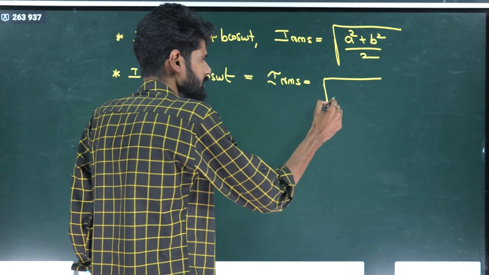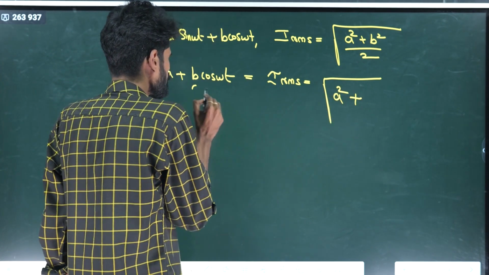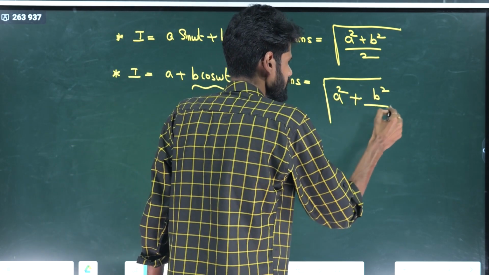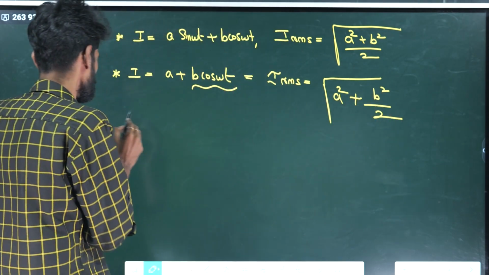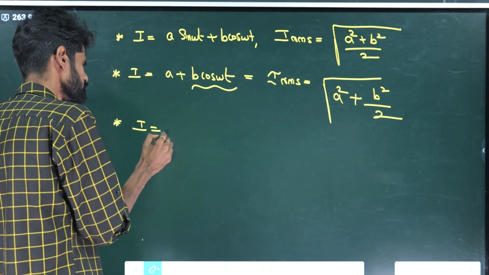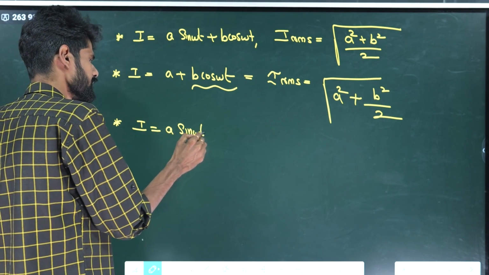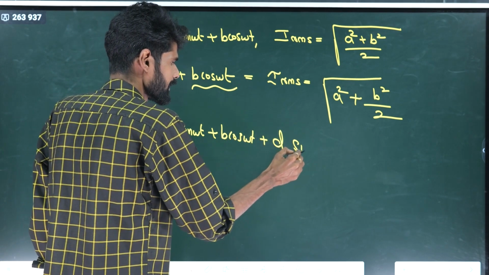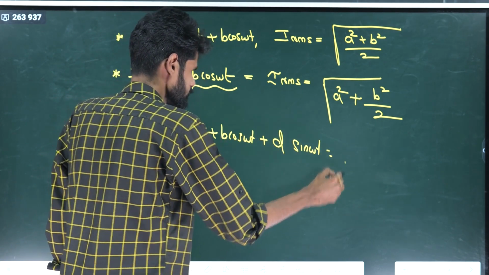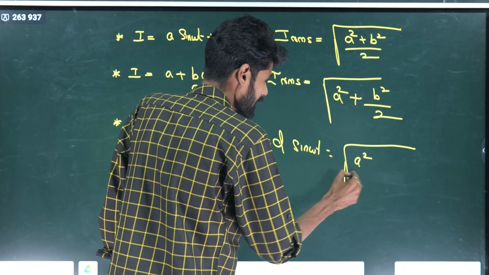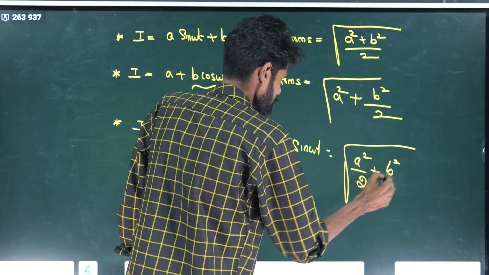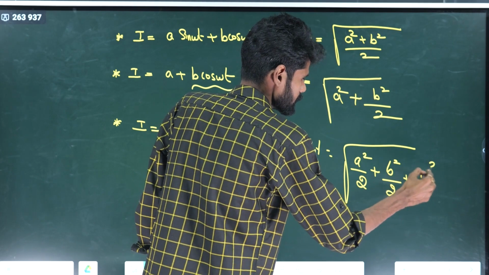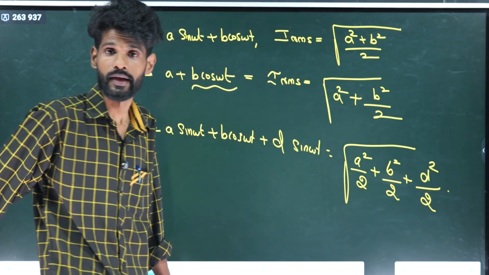So for the DC component we take A square, plus for the AC component B square divided by 2. And also here I is equal to A sin omega t plus B cos omega t plus D sin omega t. So we can directly write root of A square by 2 plus B square by 2 plus D square by 2.